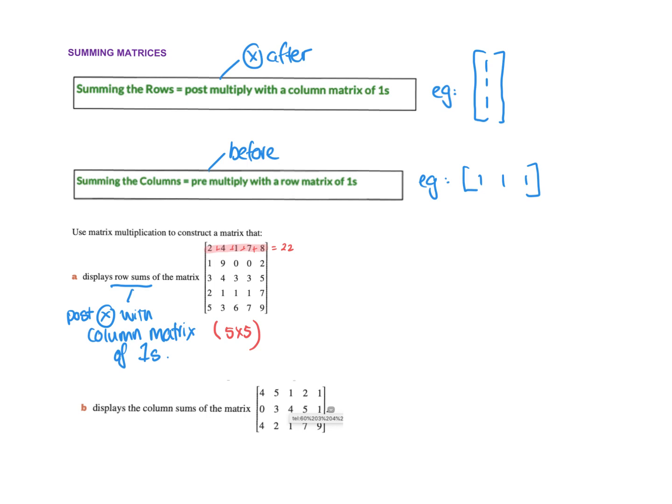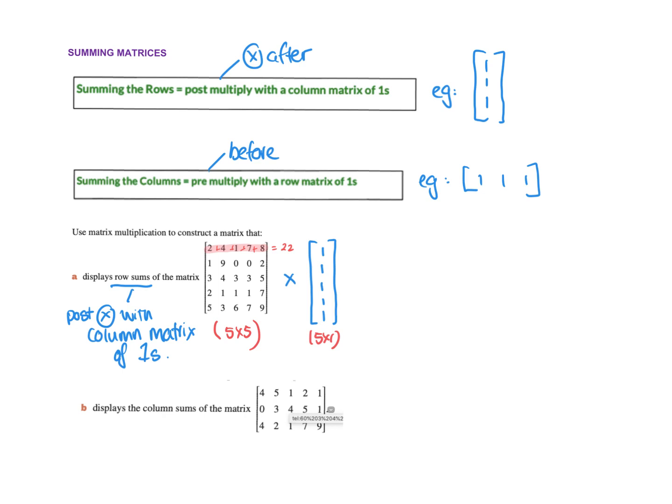So what I'm saying is, I'm going to do a column matrix full of ones. Now, because this is a 5 by 5, it's got 5 rows and 5 columns. This one needs to have 5 rows so that it'll match. So this one ends up being a 5 by 1.